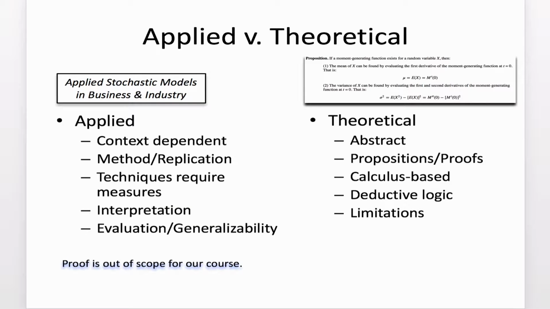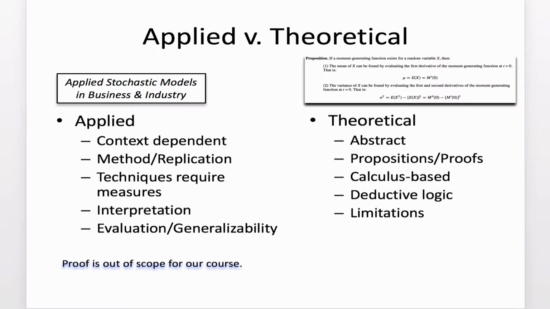So let's talk a little bit about the difference between this type of course, which is applied statistics, versus statistics that you would find in the Department of Mathematics or in some universities, a Department of Statistics.